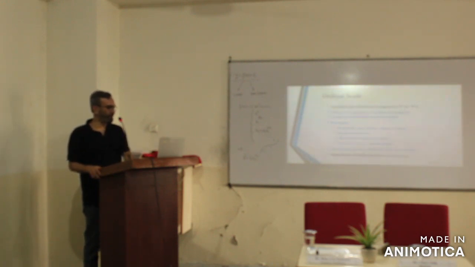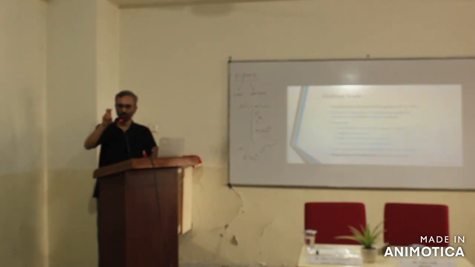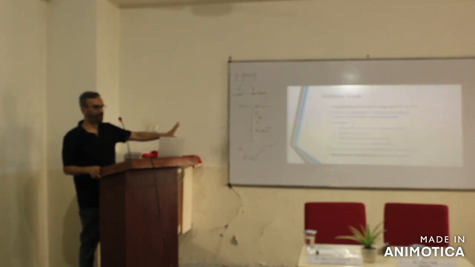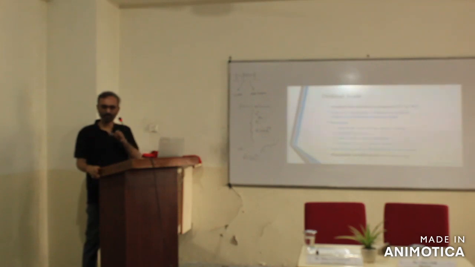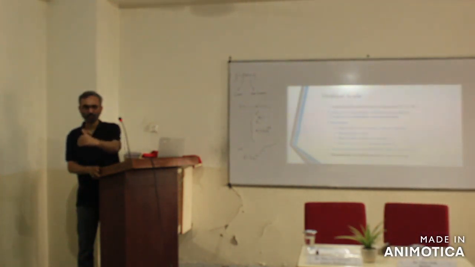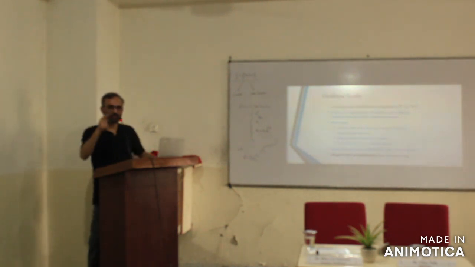Over and above this, the magnitude of difference has no meaning in this case, right? In the agree example I gave, 2 minus 1 is 1, and 4 minus 3 is also 1, but there is no meaning to that. Suppose in perception I asked how the light is, whether the slide is readable. I asked you for a response: worst, average, good, best, right? I coded it 1, 2, 3, 4. My Excel sheet has 1, 2, 3, 4.